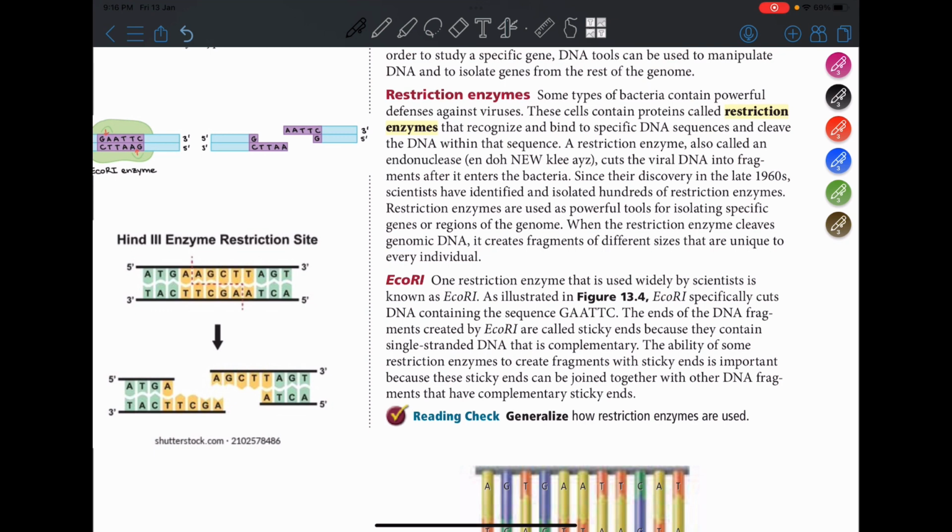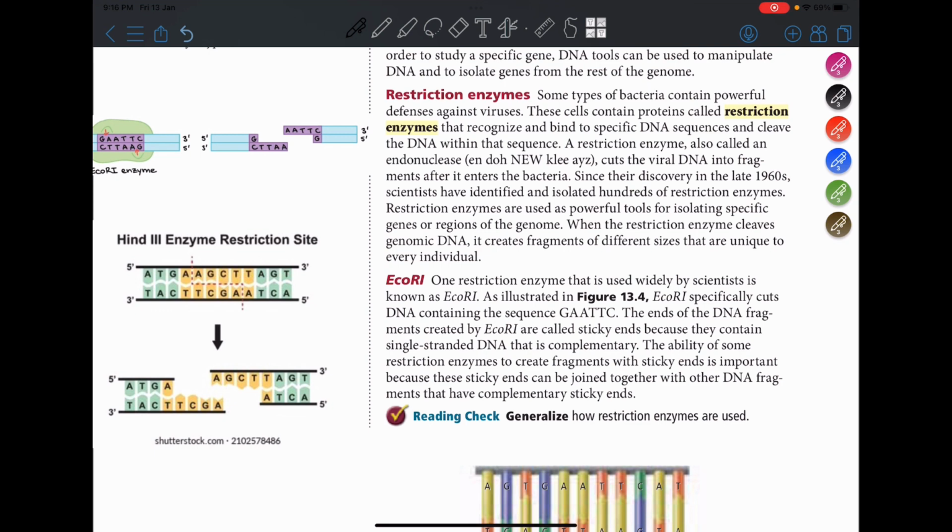It recognizes a certain sequence of DNA and cleaves the DNA within that sequence. And cleave basically means it would split or sever the DNA within that sequence.